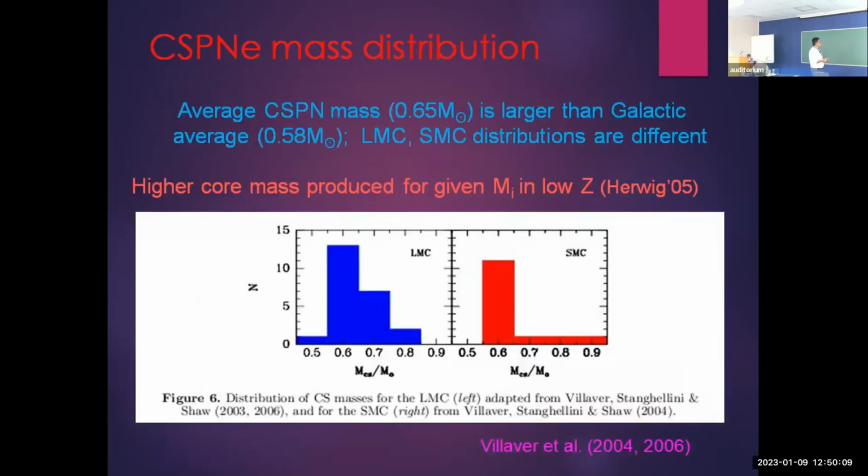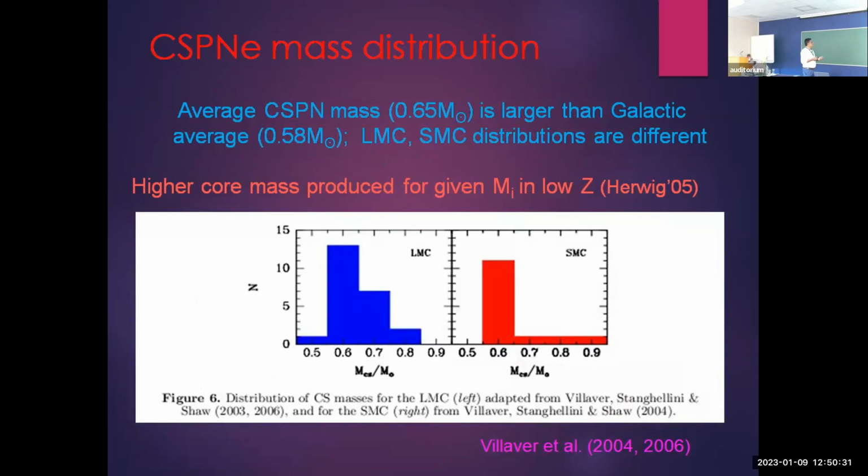And the average central star mass has been studied for a handful of planetary nebulae in the SMC as well as in the LMC, and they are plotted here. The mean mass is 0.65, whereas the LMC and SMC show a higher central star mass.